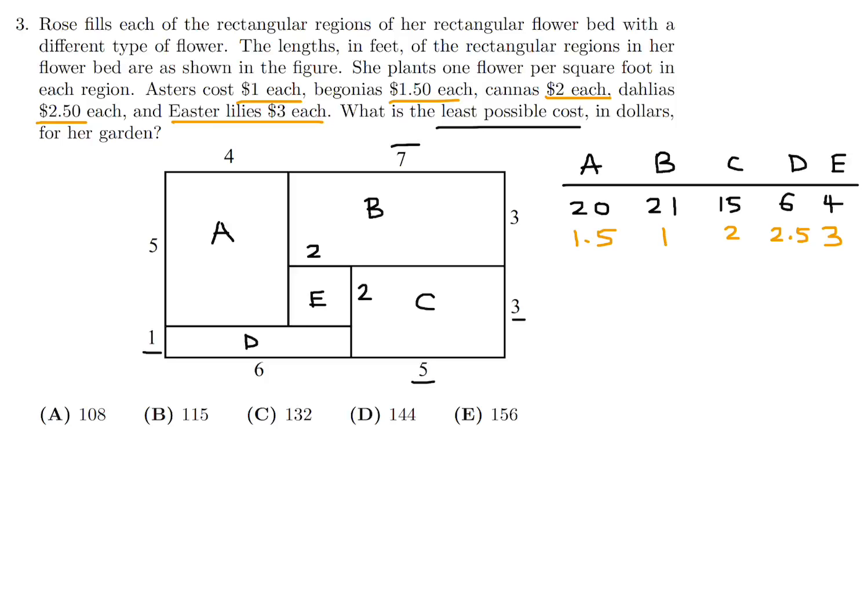And then now we figure out the cost, so it's basically the area times the price, so 20 times 1.5, the cost looks like 30. This cost is 21, 15 times 2 is 30, 6 times 2.5 is 15, and 4 times 3 is 12. So if you add up all these costs, you get 108. And number 3, therefore, is A.